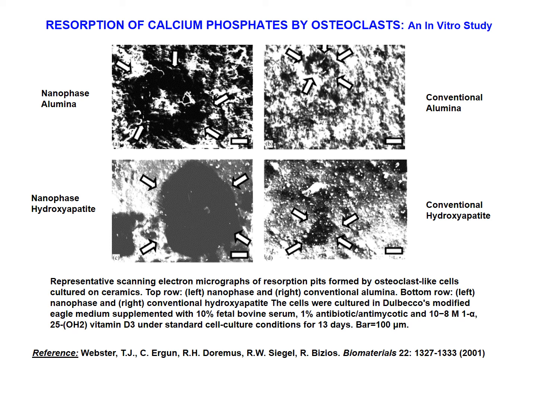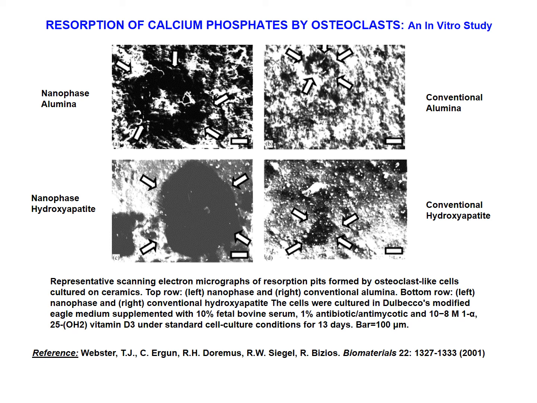A similar result was obtained when, instead of alumina, hydroxylapatite was used as a substrate. The results are shown on the two scanning electron micrographs on the lower row. On the left-hand side, lower row, the nanophase hydroxylapatite has been resorbed, and the area, as you can see, is now devoid of the substrate.